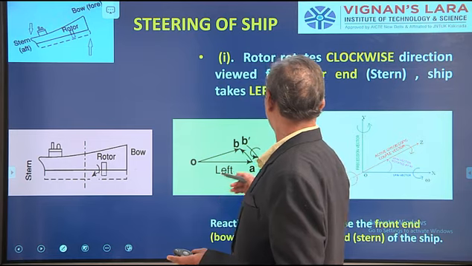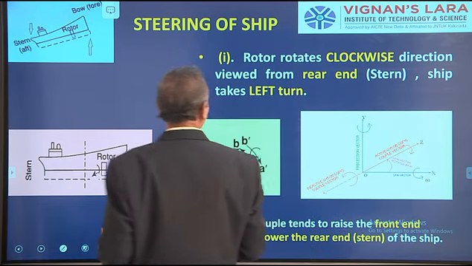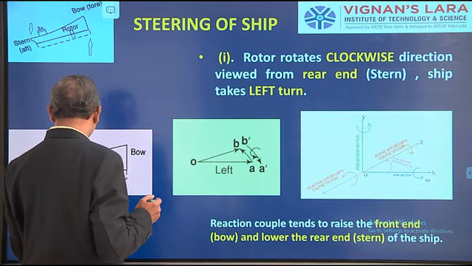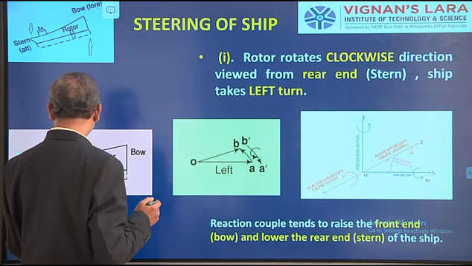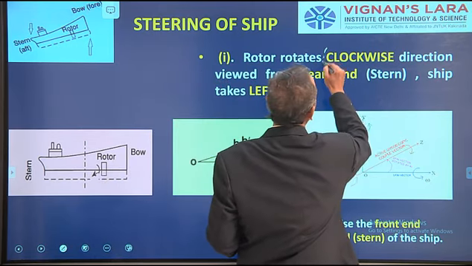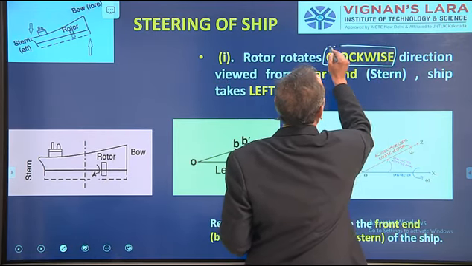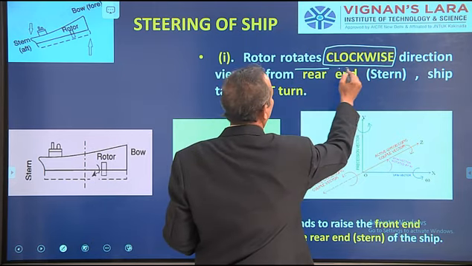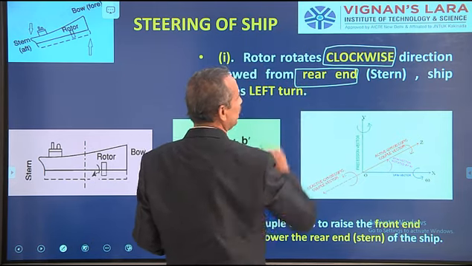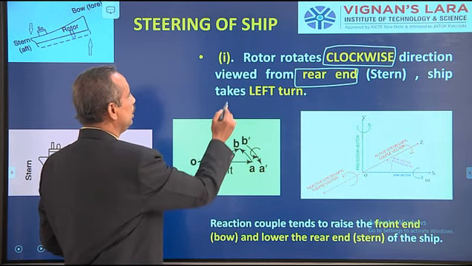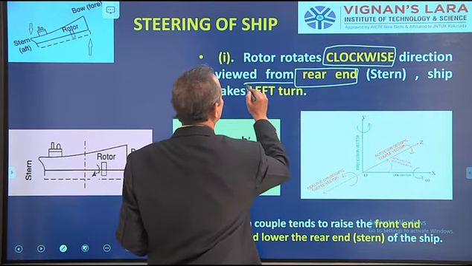In the given problem, the rotor rotates clockwise, looking from the rear end, that is the stern, and the ship steers left turn.